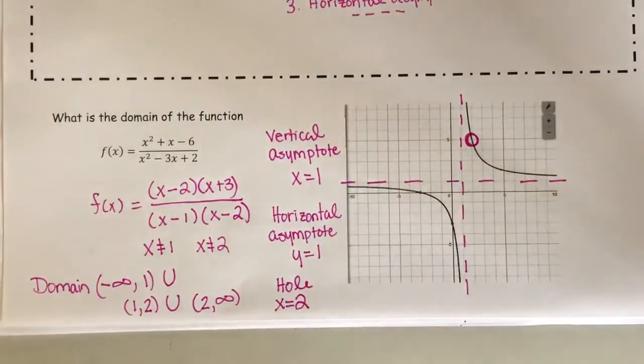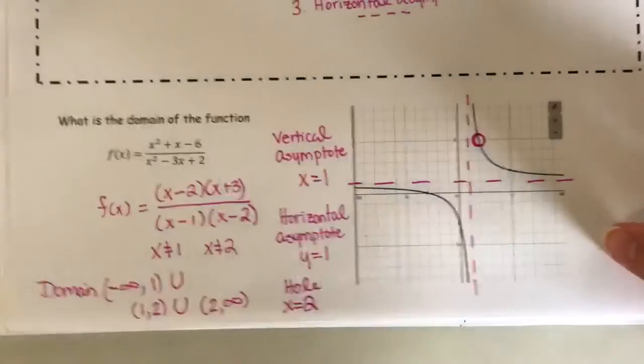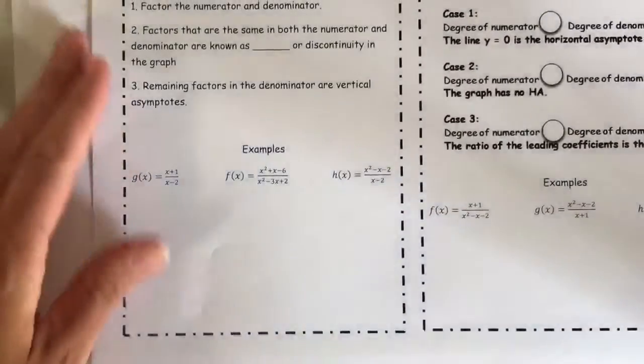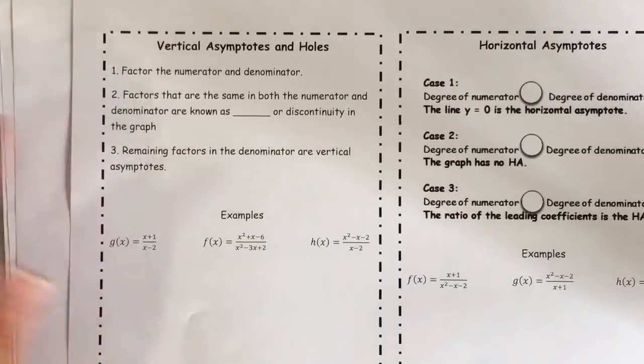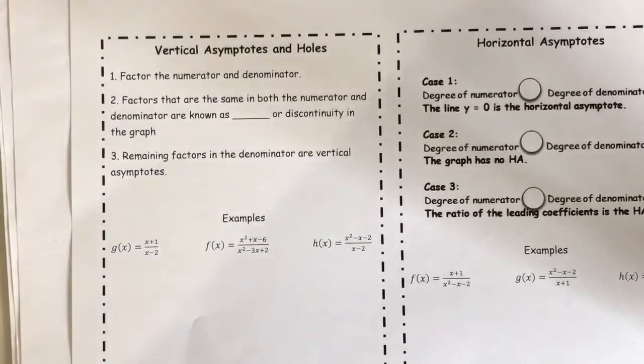So now, how to find those vertical asymptotes and those holes? Going back to the 3 examples that we had at the beginning, the examples of a polynomial, the key theme to all of this has been to factor.